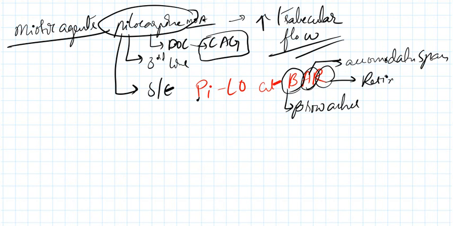Guys, remember this, very important. R for retinal detachment, B for brow ache, A for accommodation spasm, and R for retinal detachment.